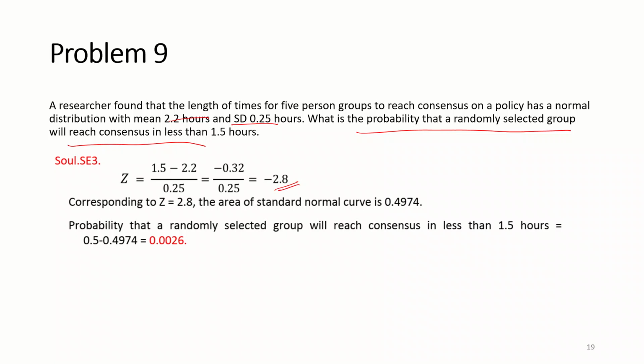So the probability that a randomly selected group will reach consensus in less than 1.5 hours is 0.5 minus 0.4974, which is 0.0026. What is the formula we have used here? Z equals (x minus mu) divided by the standard error.